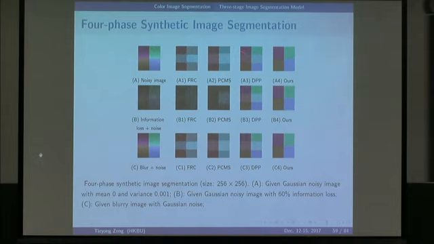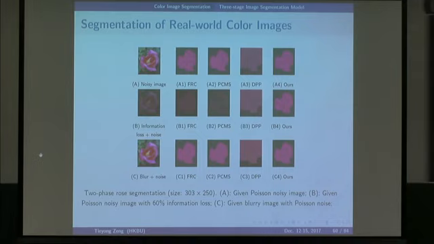But for ours, in all cases we can get a very clear boundary. Also for color images we can do it. Here you have color and you want to segment it out, and sometimes other methods could fail due to different situations. But in our case, because we can always recover a better smooth image, then we do the thresholding and get the result.